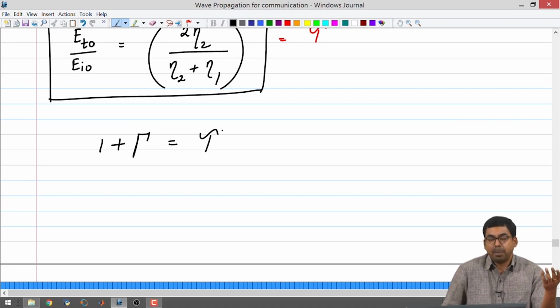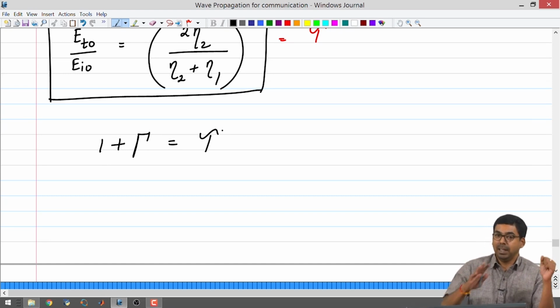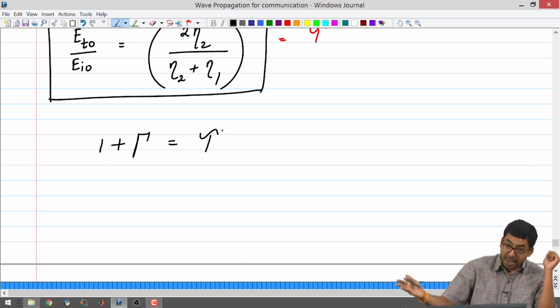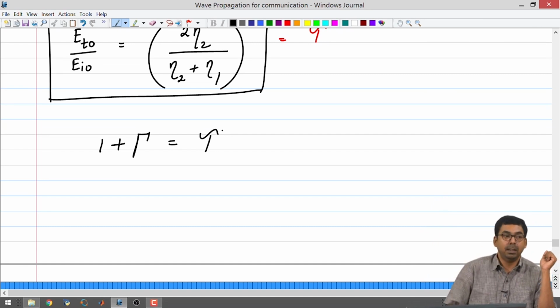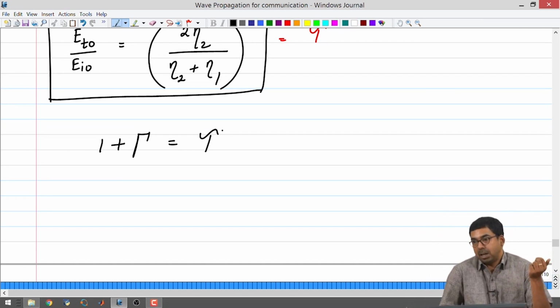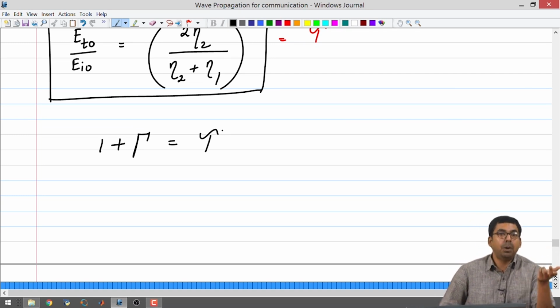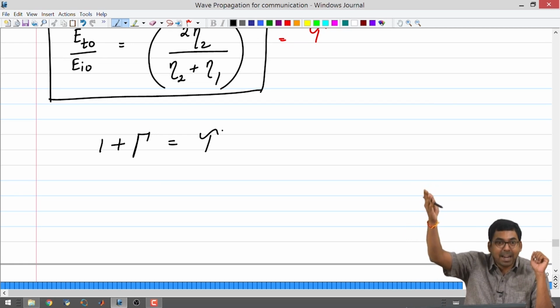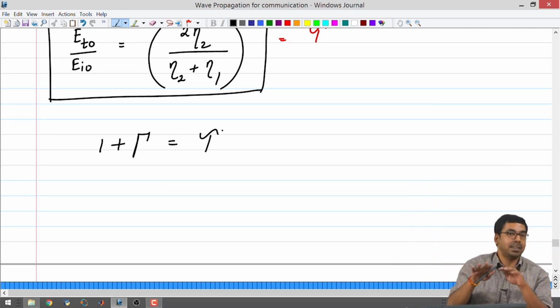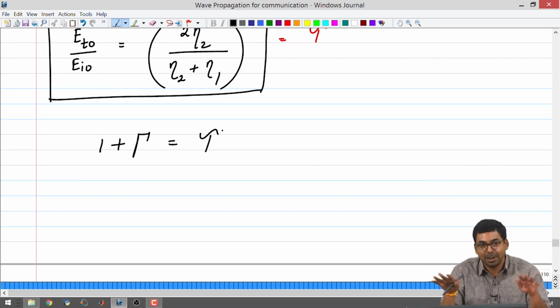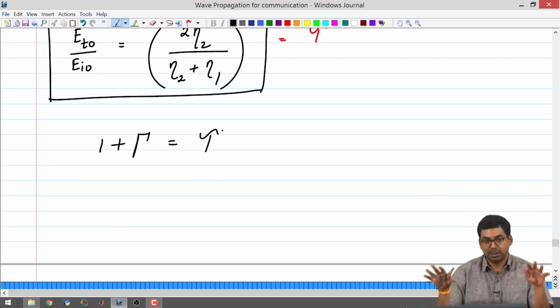It is perfectly possible for you to have an electric field in the second medium higher than the incident electric field, and it is not an absurd solution at all. One can always ask how the energy is conserved in this kind of system. The answer lies in the magnetic field. If the electric field goes up, the magnetic field will go down and adjust in such a way that there is no energy loss or no energy created in this system.